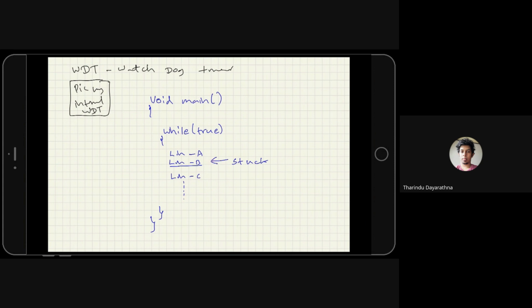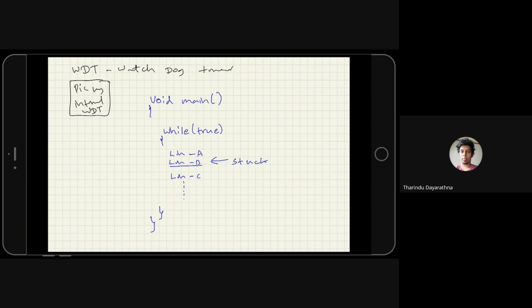So what the watchdog timer does is, if the watchdog timer sees this kind of stuck case, it will reset the PIC IC to run normally. But if you have a big problem here, it will always get stuck here.